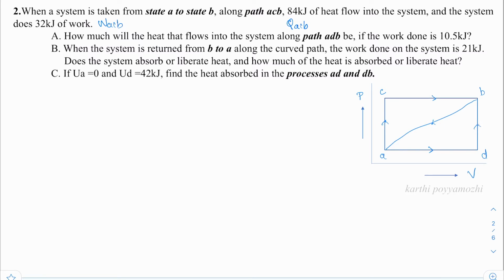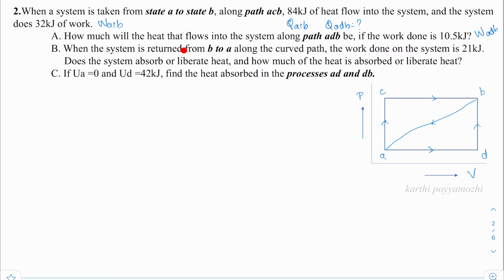That is, the work done on the path ADB is given, which is 10.5 kilojoule, and we have to find the heat transfer along the path ADB. That is, we have to find Q of ADB, and we have the value of W of ADB, which is equal to 10.5 kilojoule.